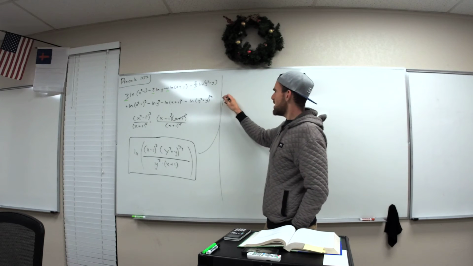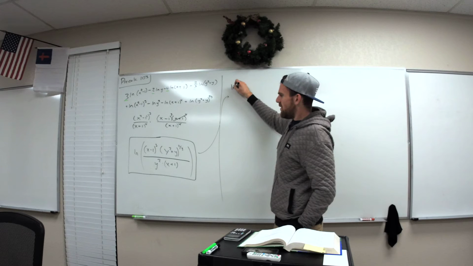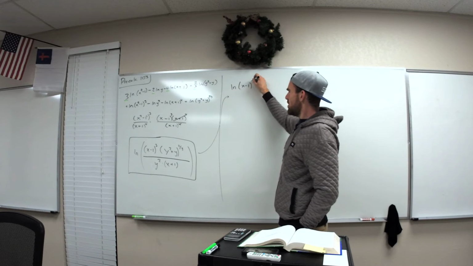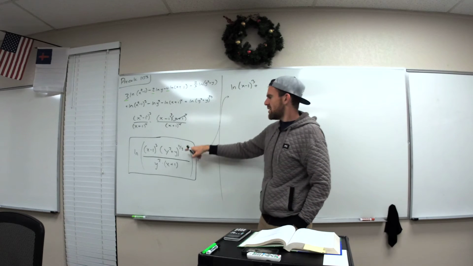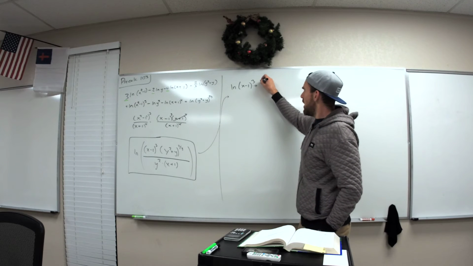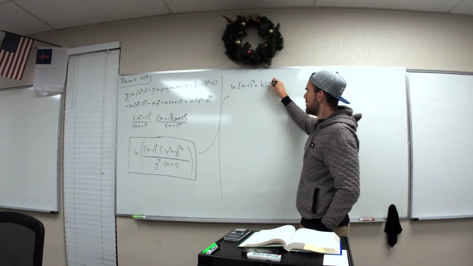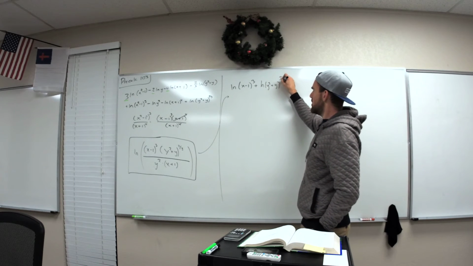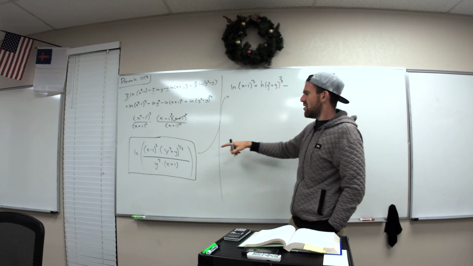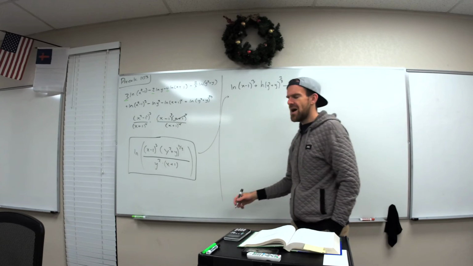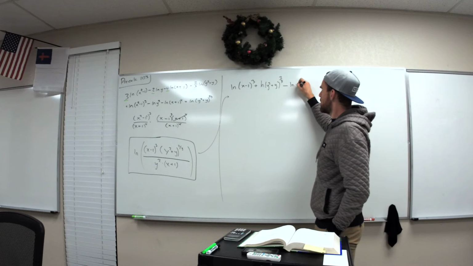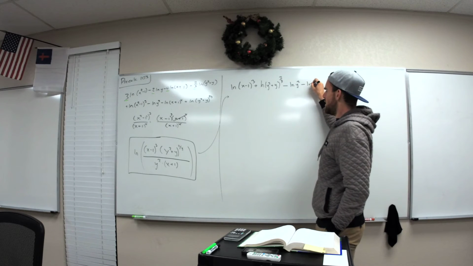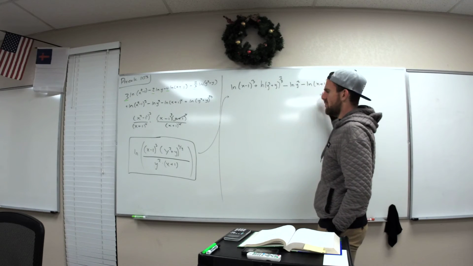So let's take this example again. I would have ln of x minus 1 cubed plus, because this one's on top, ln of y squared plus y to the 2/3 minus all the ones on the bottom. So I have minus ln of y squared minus ln of x plus 1.